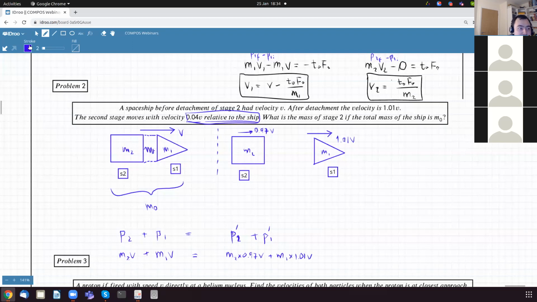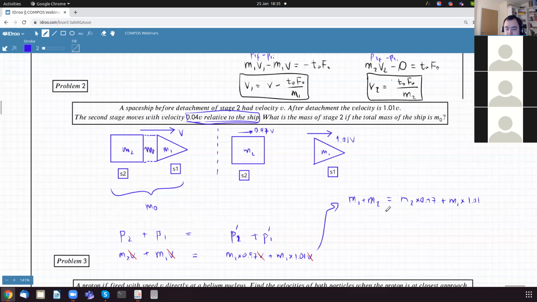And you can notice that we can divide by V. So the initial velocity doesn't matter. So M1 plus M2 from the first one is equal to M2 times 0.97 plus M1 times 1.01.